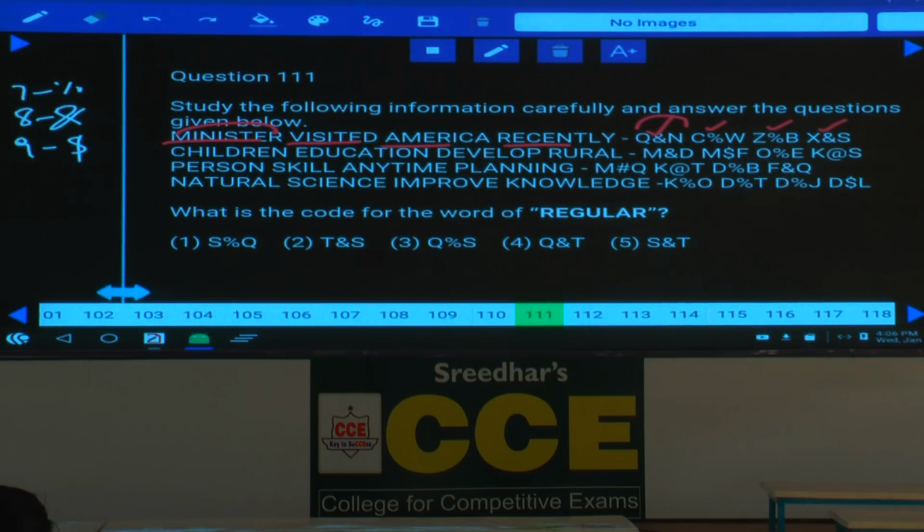And develop is 7 letter, rural 5 letter, and 5 letter is written as at the rate of, and person 6 letter. Now this 6 letter is written as hash, isn't it? And this is the information we have. And this is about question numbers 111 to 113, then 114 to 117.